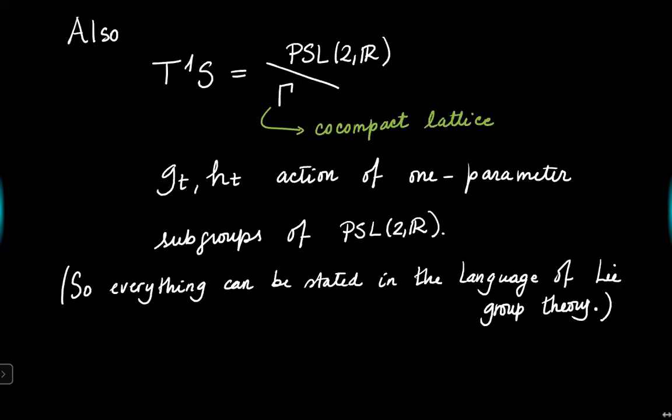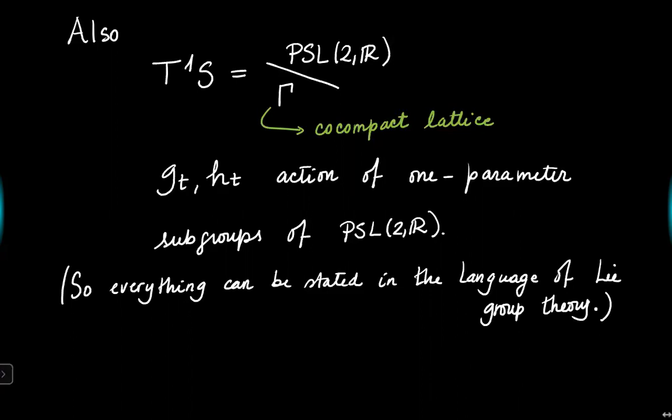There's another viewpoint to study the geodesic and the horizontal flow on compact surfaces. Since the group of isometries which preserve orientation on the hyperbolic plane is the Lie group PSL2R, the unit tangent bundle to a surface can be seen as a compact quotient of PSL2R.